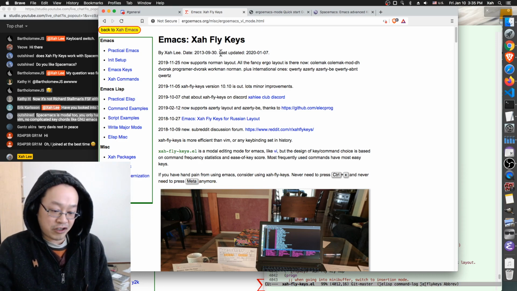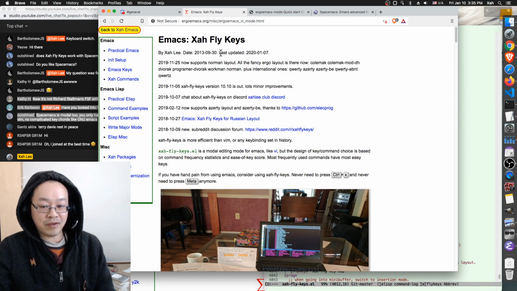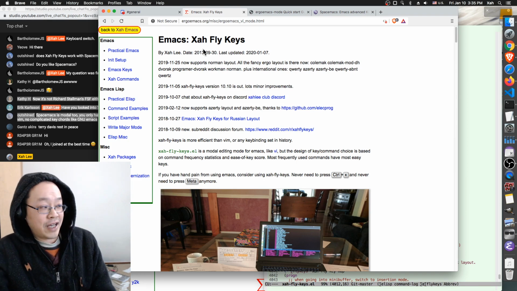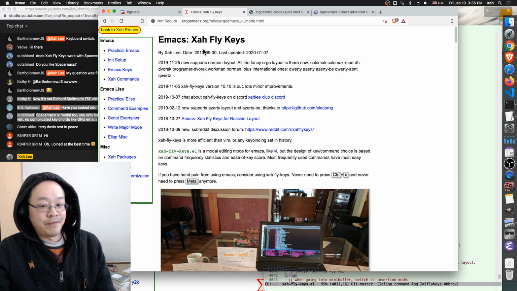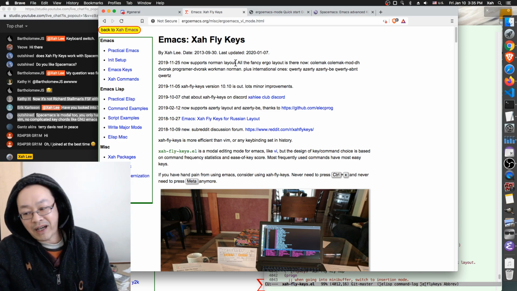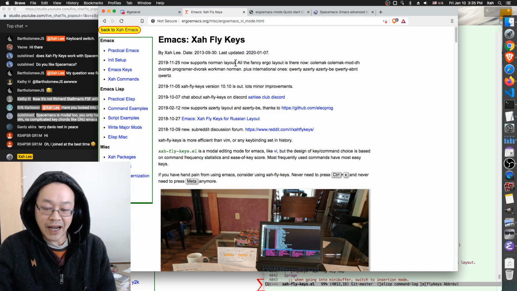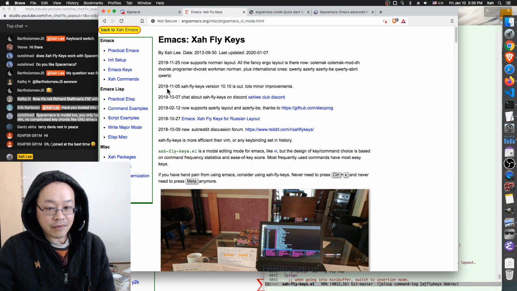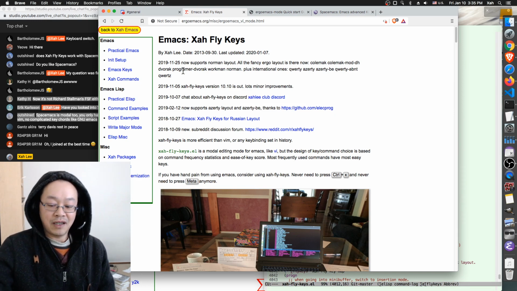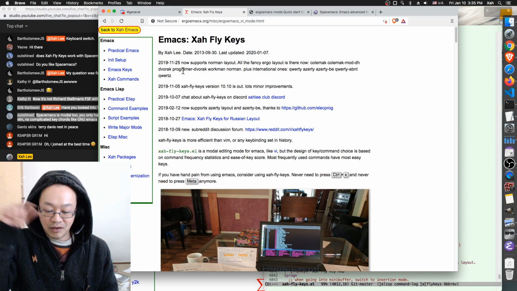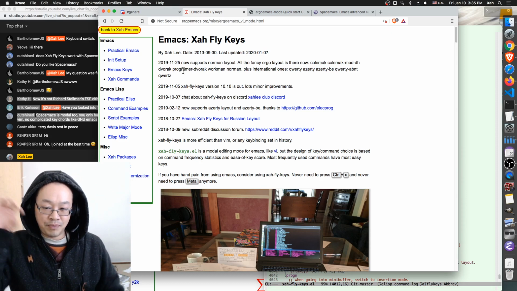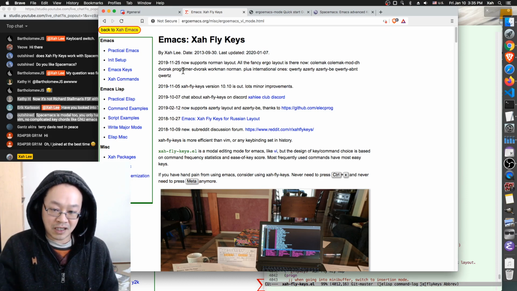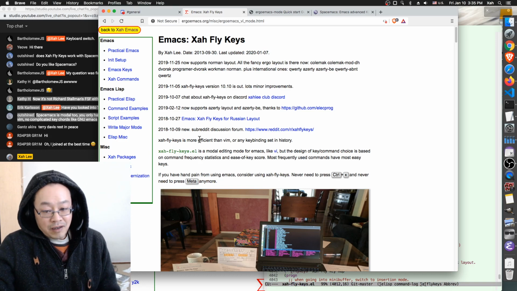It's not efficient. It's not from the ground up efficient. So xah-fly-keys is much more efficient. That's what I claim, and I can actually tell you it's a fact. xah-fly-keys is much more efficient than Vim or evil mode, because every key binding, every key choice, what command you put to what key, is based on statistics.